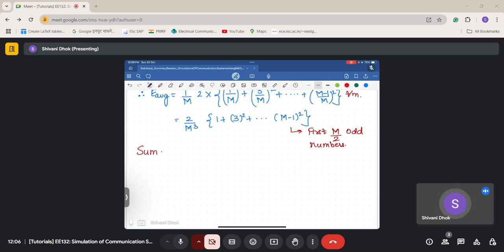The sum of squares of first n odd numbers is given by n into 2n plus 1 into 2n minus 1 divided by 3. Okay, so this is what we have here.